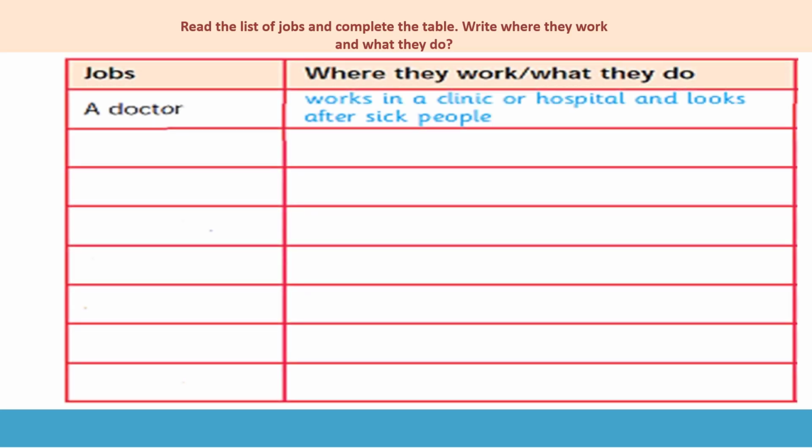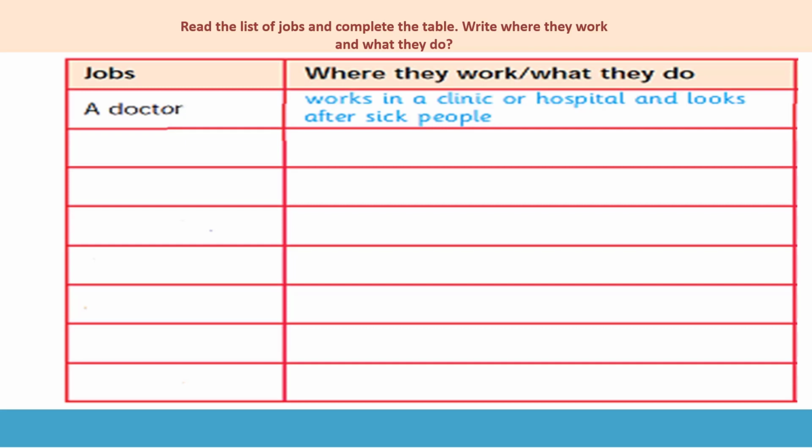so here we have the table, and in the job section we have a doctor, and then we've got the question where they work, what they do is where you need to make the sentences. Remember, using the present simple tense and thinking about third person singular, we're writing the sentences.